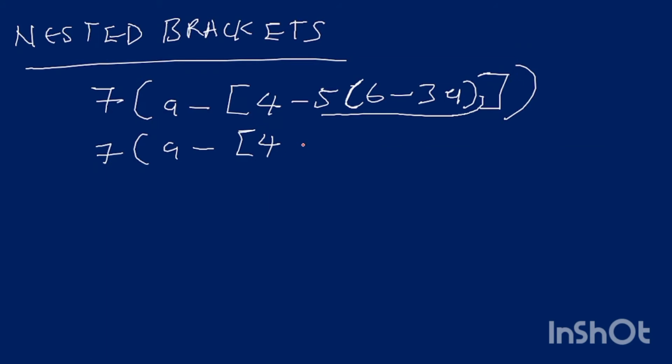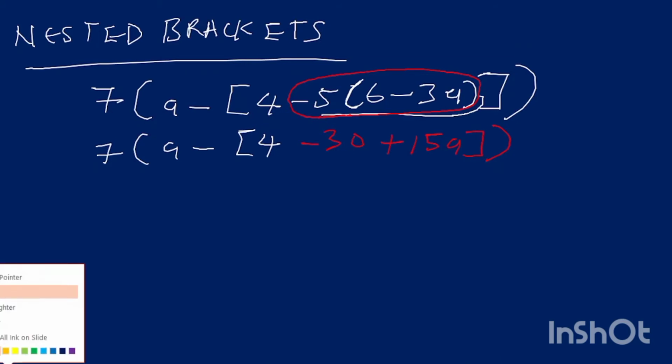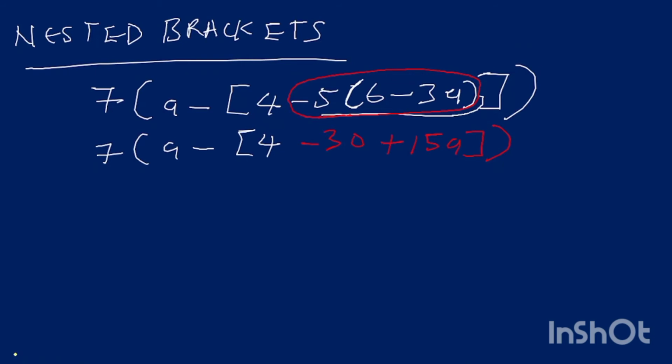Minus 5 multiplied by 6 will give me minus 30. Minus 5 multiplied by minus 3a will give me plus 15a. Bracket close. The next bracket I'm going to deal with is also inner, and that bracket is this one.